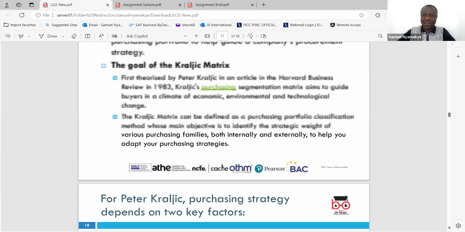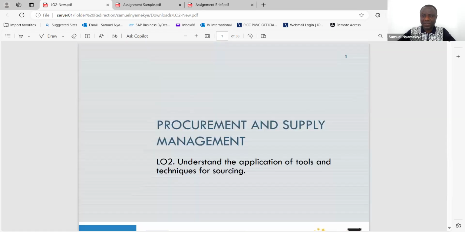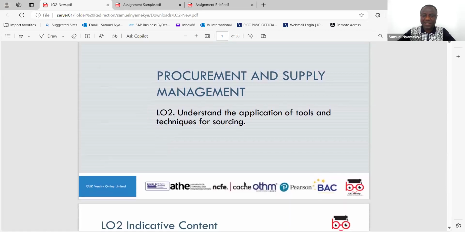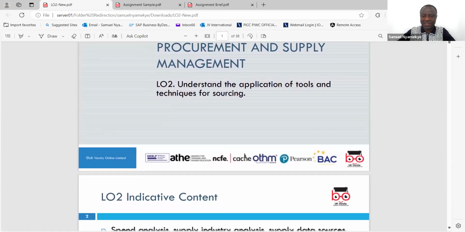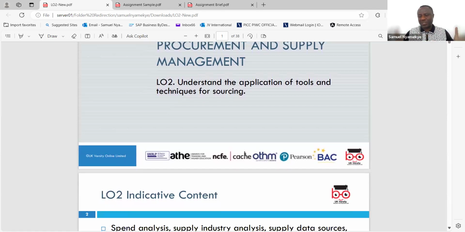So we've tried to look at the tools. I don't know whether you can help me identify some of the tools that we've mentioned when it comes to sourcing. I think we spoke about spend analysis.